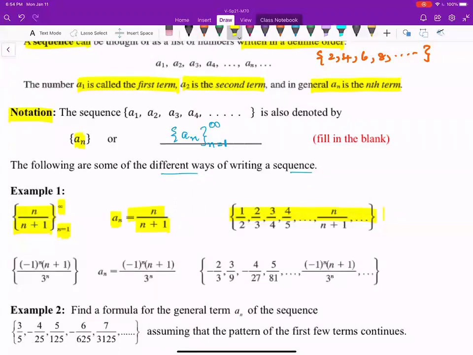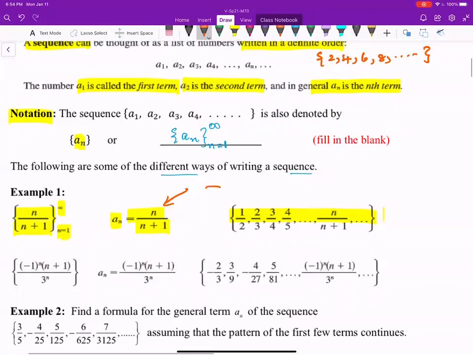So how do you get that first term, 1 over 2? Here, if you plug in n equal to 1, you get 1 divided by 1 plus 1, 1 over 1 plus 1, and that's how you get the first term. So a sub 1 is obtained by plugging n equal to 1 into a sub n.